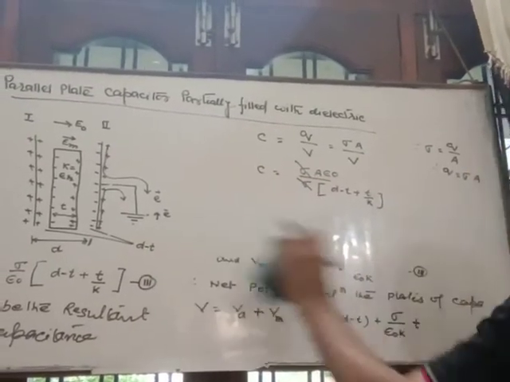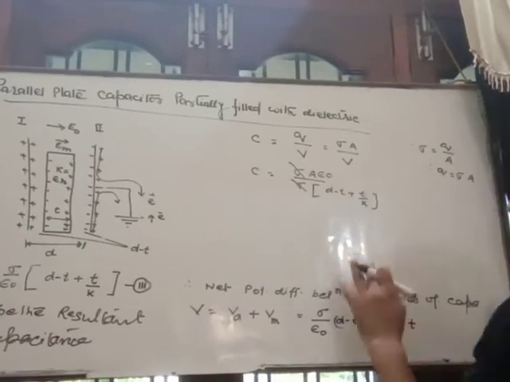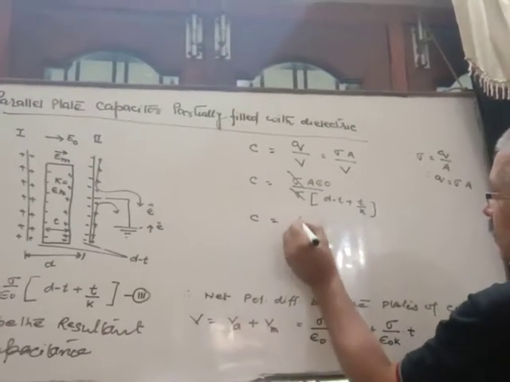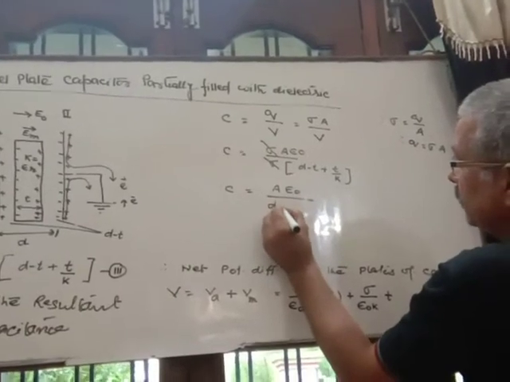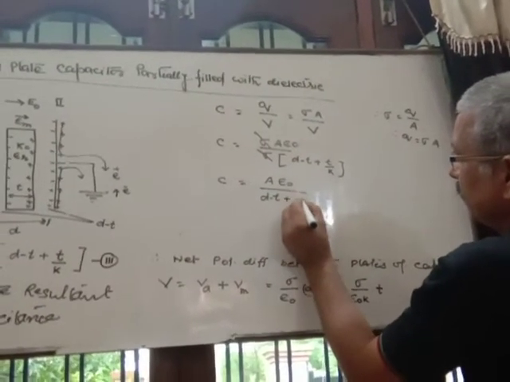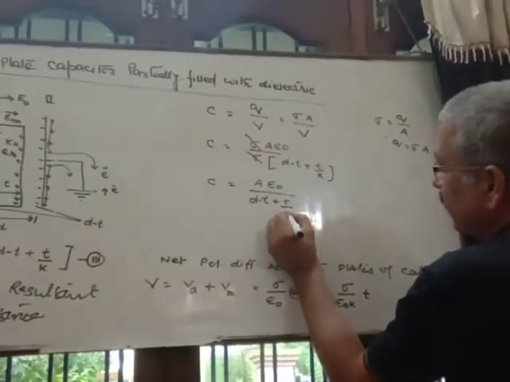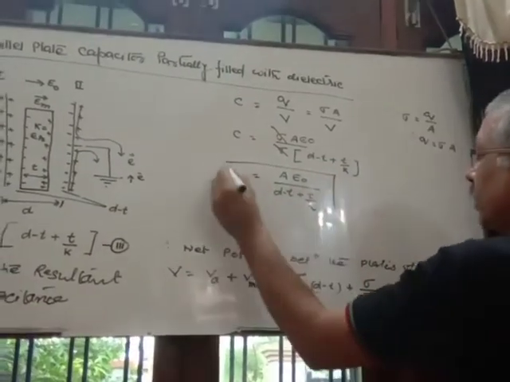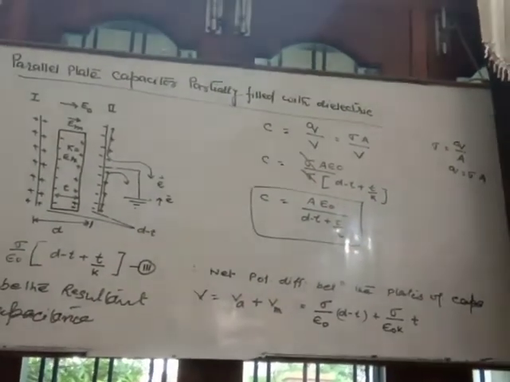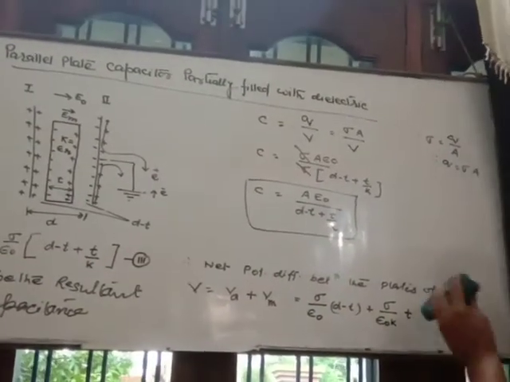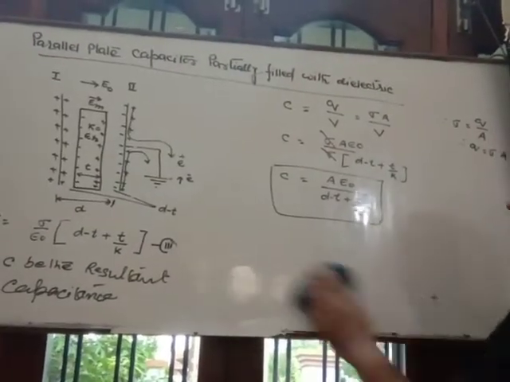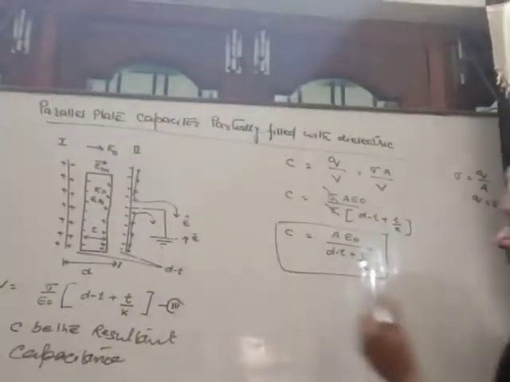So you will get C is equal to A epsilon 0 divided by (D minus T plus T by K). This is the formula for the capacitance of a parallel plate capacitor when partially filled with dielectric. Clear?